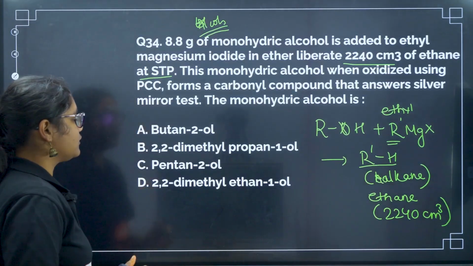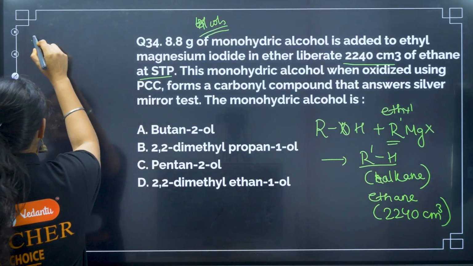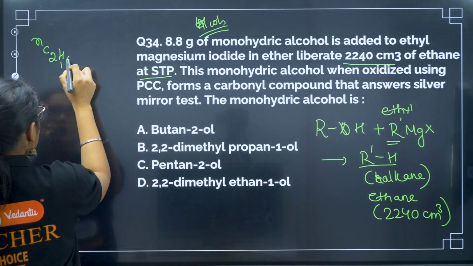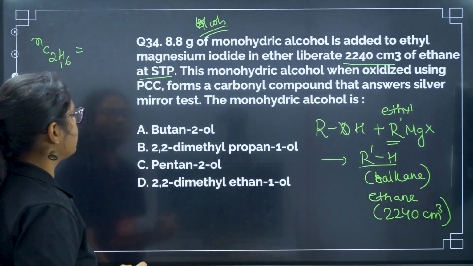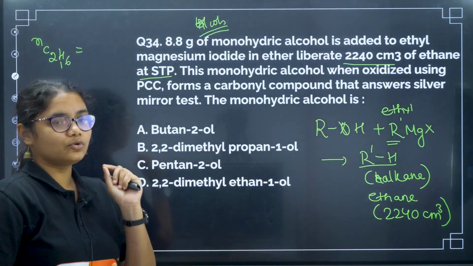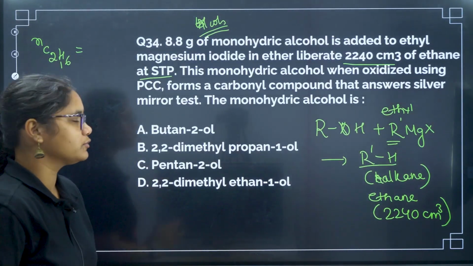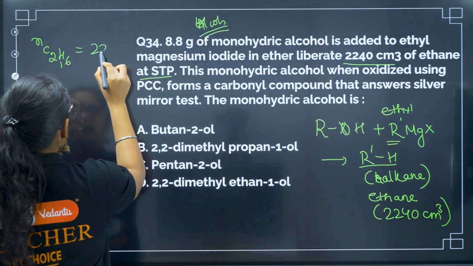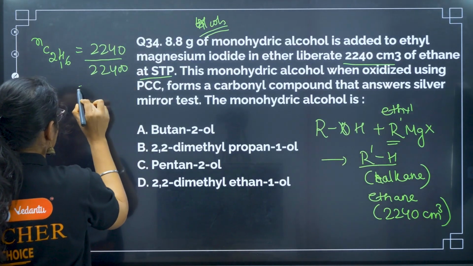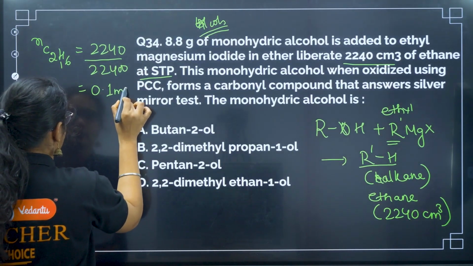Now if you convert it at STP, what is the number of moles of ethane produced? Number of moles of ethane produced will be given volume divided by molar volume. The given volume here is 2240 and molar volume is 22,400. So we have 0.1 mole.